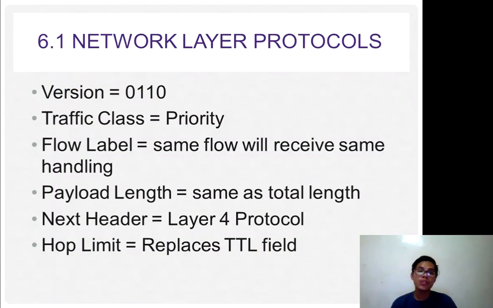Version is equal to 0110. Traffic class is priority. Flow label: packets in the same flow will receive the same handling. Payload length is the same as total length. Next header identifies the layer 4 protocol. Hop limit replaces the TTL field.